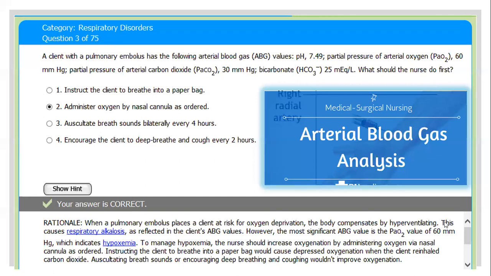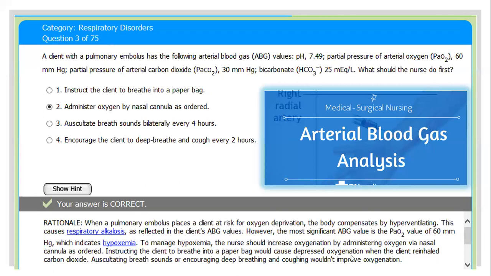Hyperventilation is breathing too fast, respiratory alkalosis. And this respiratory alkalosis is reflected in the client's arterial blood gas values.